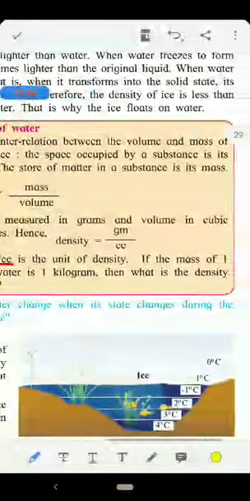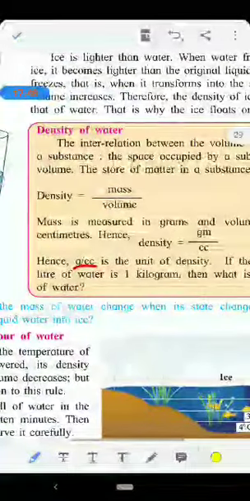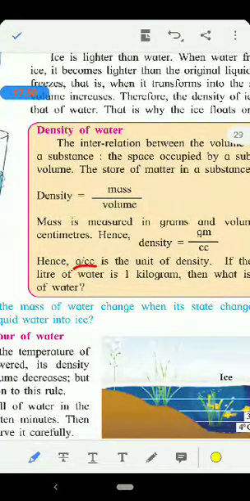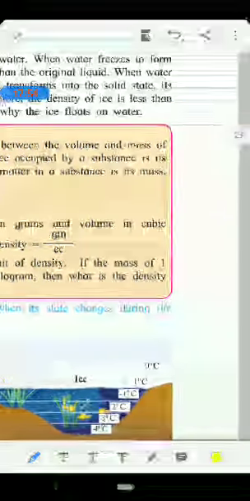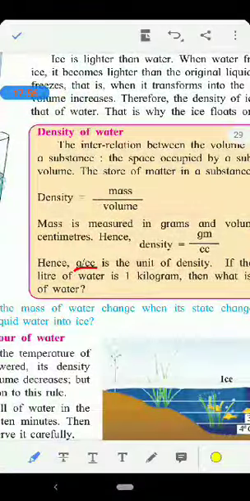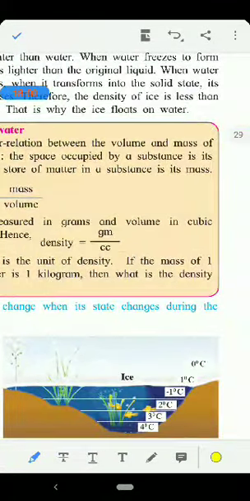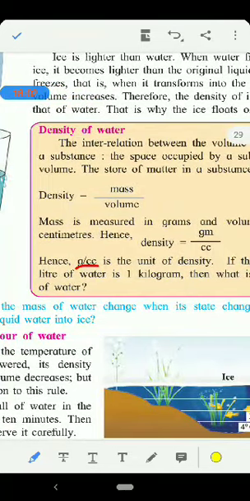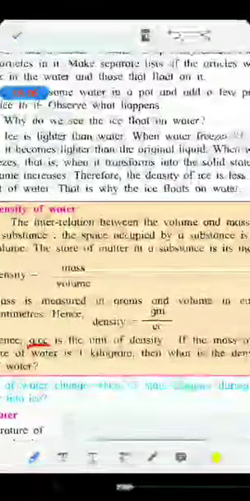If the mass of 1 liter of water is 1 kilogram, then what is the density of water? They have asked us. Let's put the values into it.